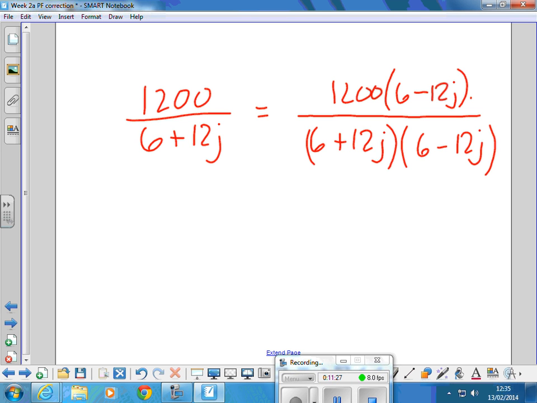So we need to multiply these out. 1200 times 6 is 7200, and minus 12 times 1200 is 12 12s is 144 for a start. 144 and 2 zeros, I would make it.